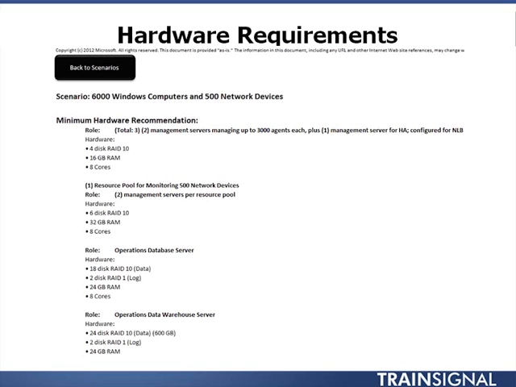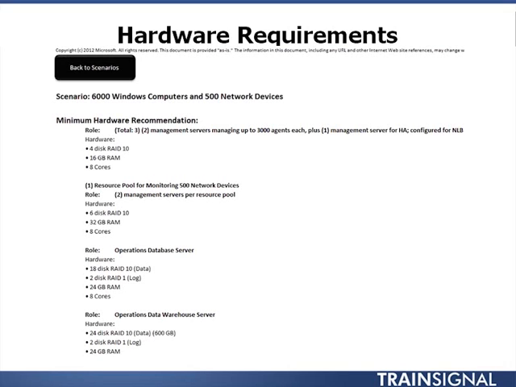And they're going to want you to configure these with network load balancing and that kind of stuff. Each of these servers should have 4 disk RAID 10, and that's going to be for performance and capacity reasons. Each should have 16 gigs of RAM and 8 cores of processor. And that's so it can manage basically 3,000 agents all at once. Next, it's going to recommend you have a separate resource pool for monitoring those 500 network devices.